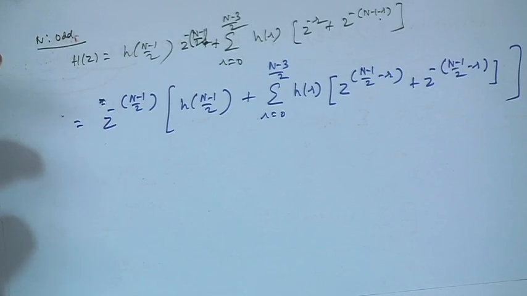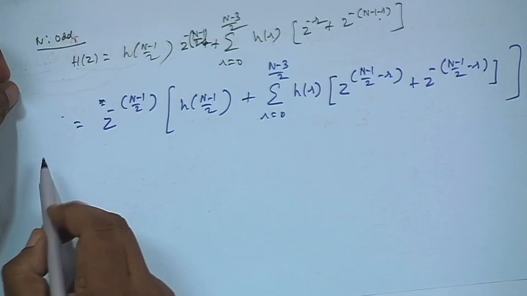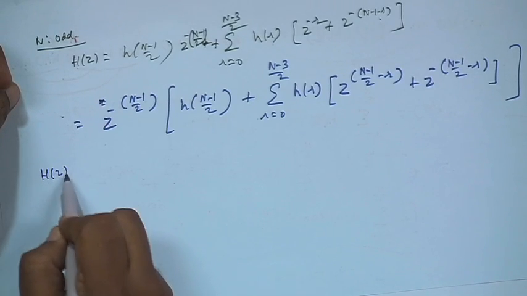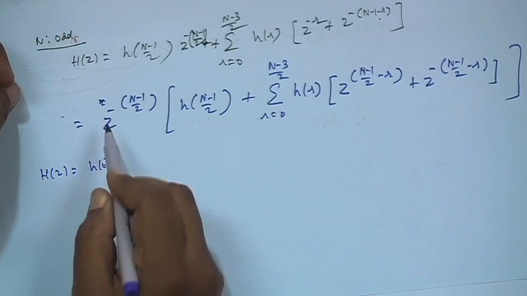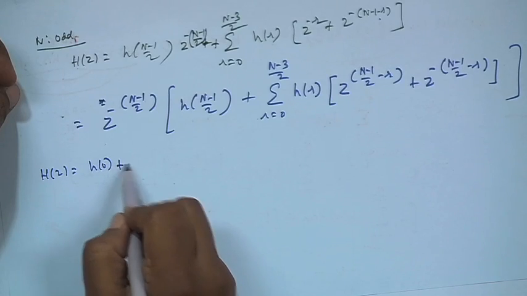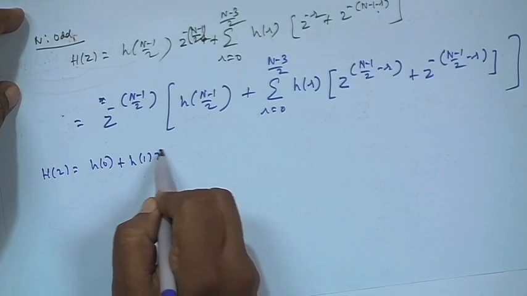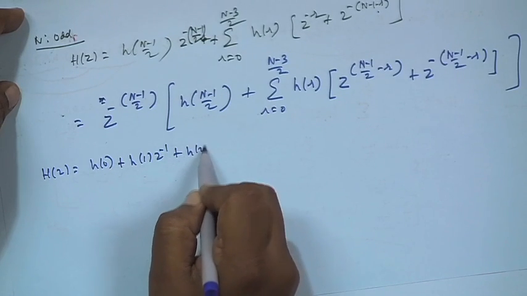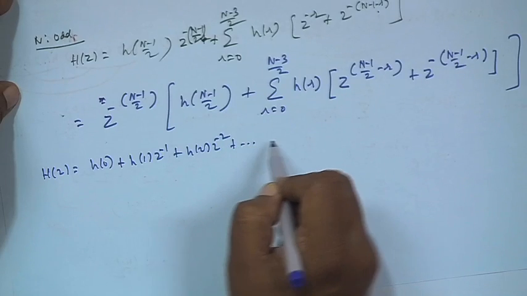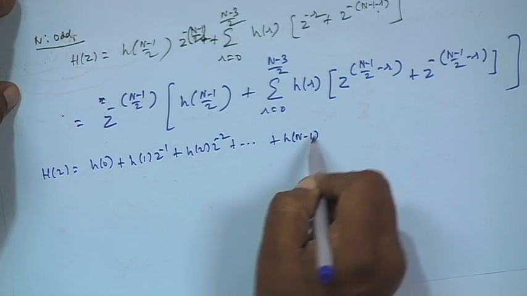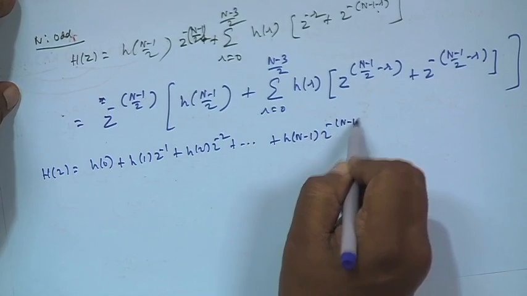This is the situation. Now, what is this Z transform? H(z) as such is h 0. Before I wrote in this form, a general H(z) is of this form, right? h 1 z inverse, h 2 z inverse square, dot dot dot, and so on.